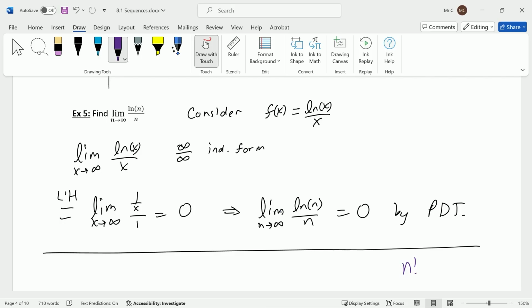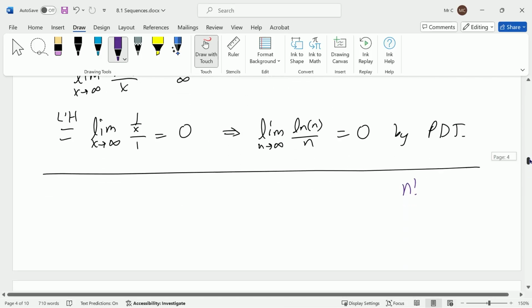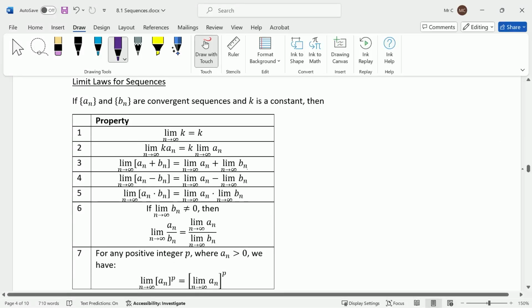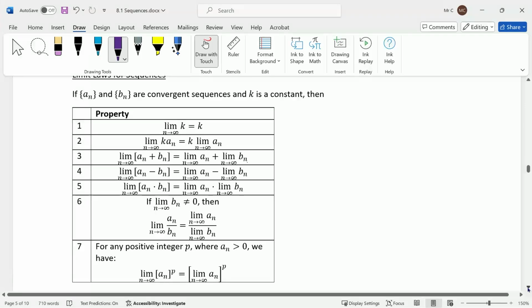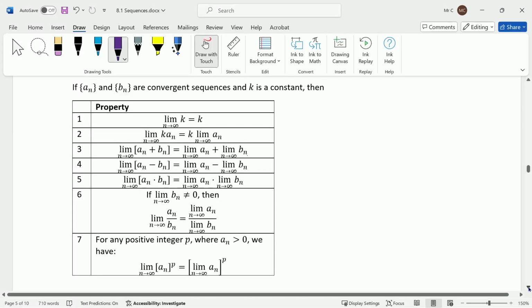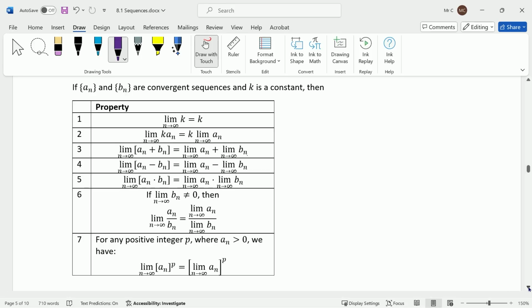Okay, so now we're going to glance at a few limit laws for sequences. Now, I'm not going to spend much time on these because these are the same exact limit laws that you have for Calc 1. So if two sequences are convergent sequences and k is a constant, the following is true. The limit of the constant is just the constant. The limit of a constant multiple of a sub n is k times the limit as n goes to infinity of a sub n.